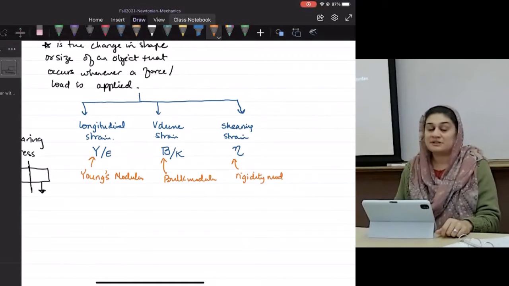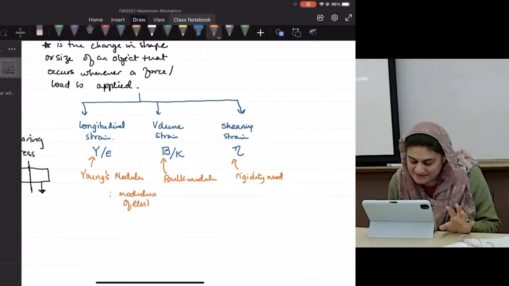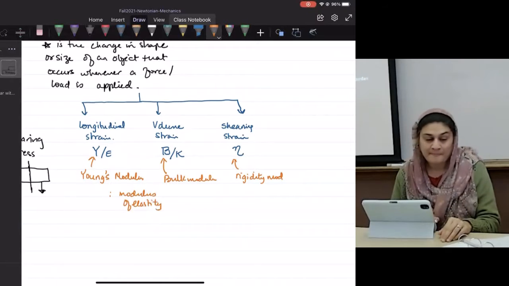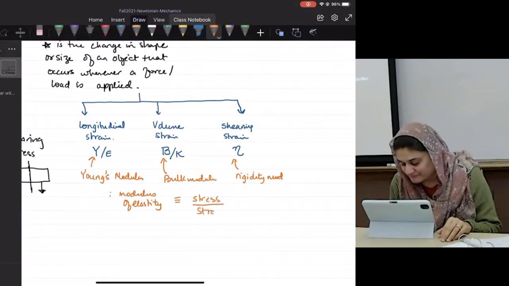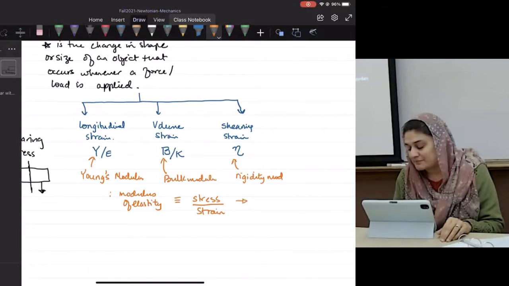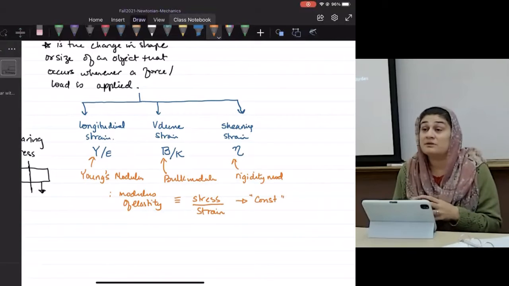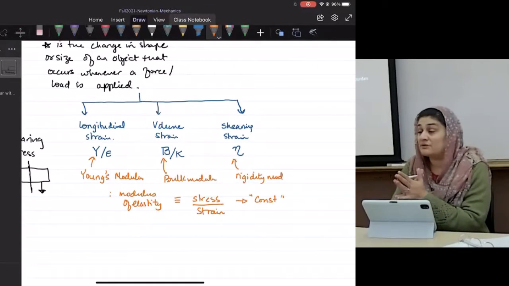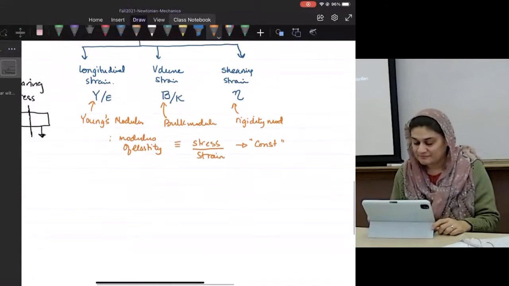And what is a modulus? It's called modulus of elasticity. And that is defined as stress over strain. And it is always a number. So it'll always be a number. No matter what material you have, it will give you a number for it. So what is Young's modulus?